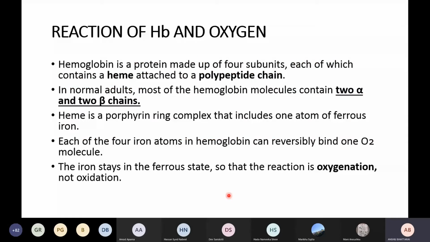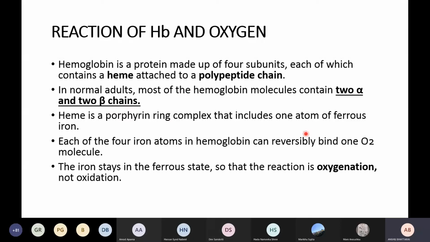So, talking a little bit about the structure of hemoglobin, it is a protein which is made up of 4 subunits. Each of these subunits contains a heme moiety, which is attached to a polypeptide chain. In normal adult hemoglobin, usually there are 2 alpha and 2 beta chains.